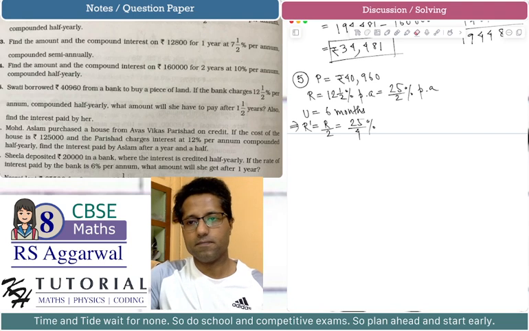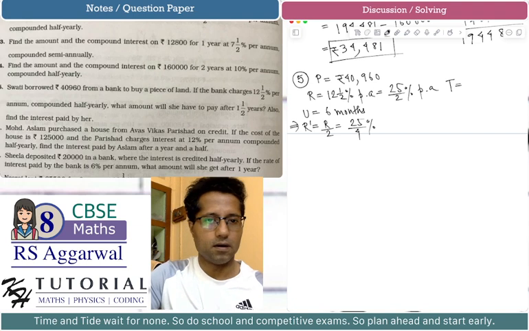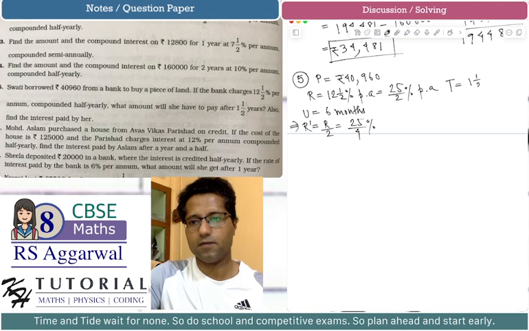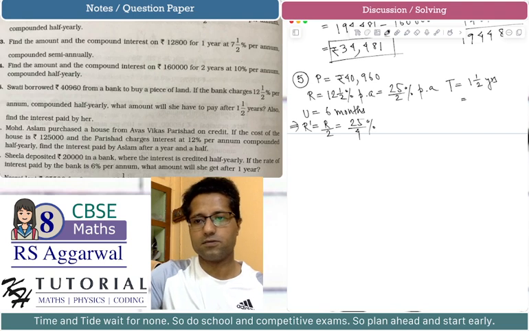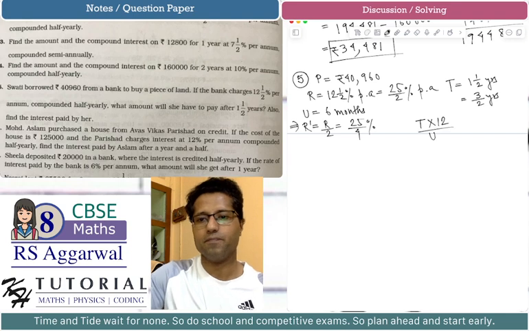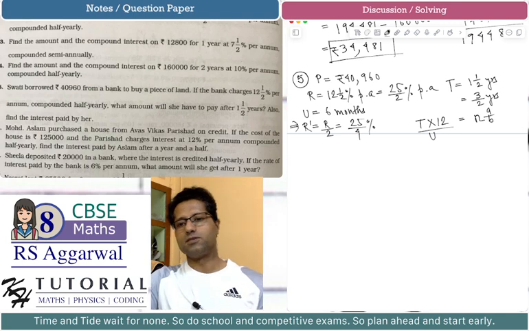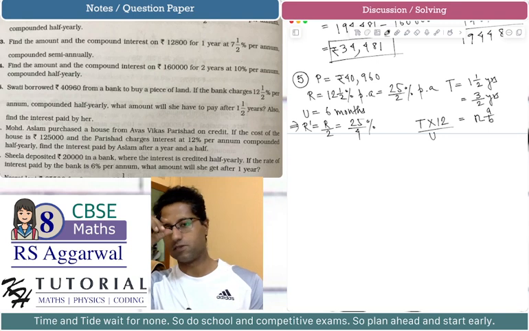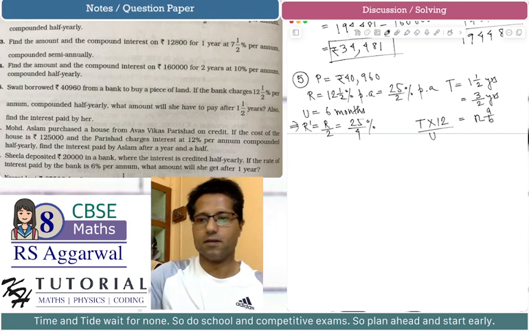What is t? t is given: what amount will she have to pay after 1.5 years. So 1.5 years is t. This is 3 by 2 years. Now to find small n and the fraction a by b, we need to calculate t multiplied by 12 divided by u. When expressed as a mixed fraction n a by b, we will get the value of n and a by b.